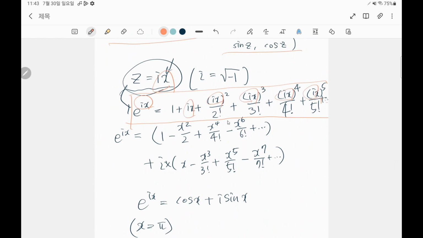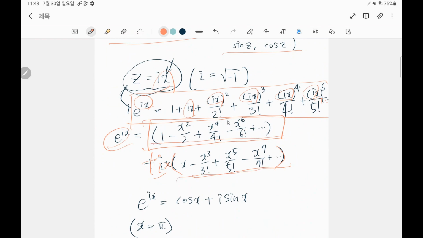If you calculate and sort this out, you have all the real terms, because x is a real number, and then plus i times all the terms with i in them, factoring out the common factor i.